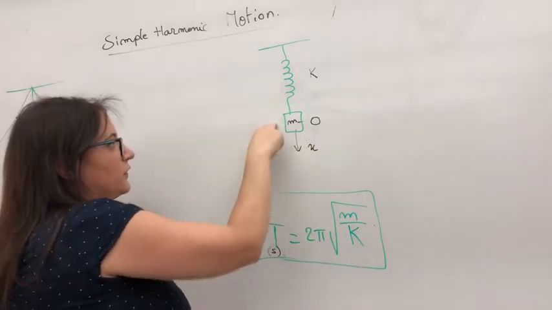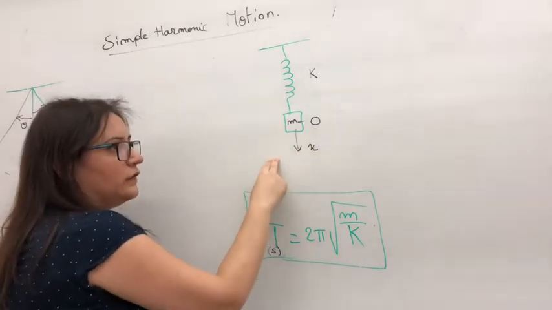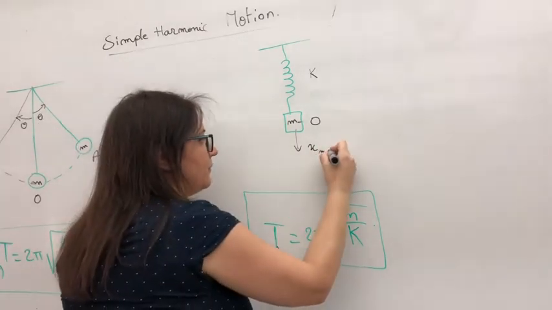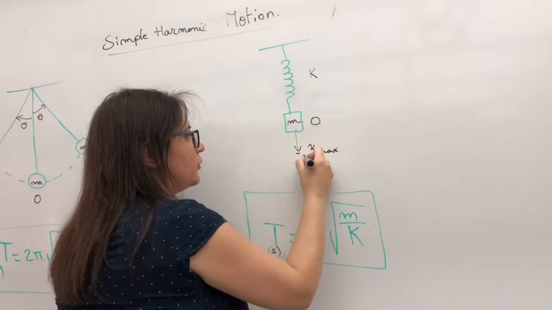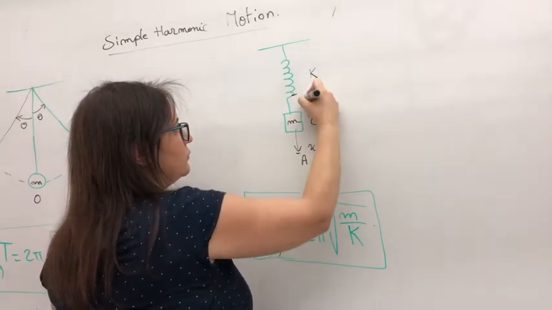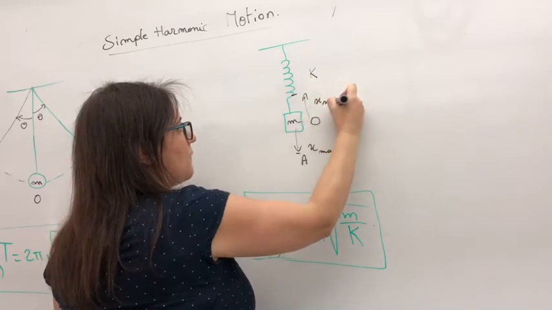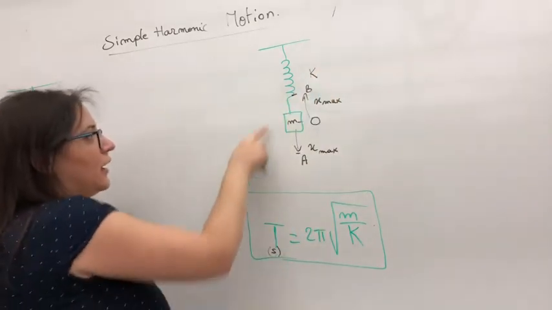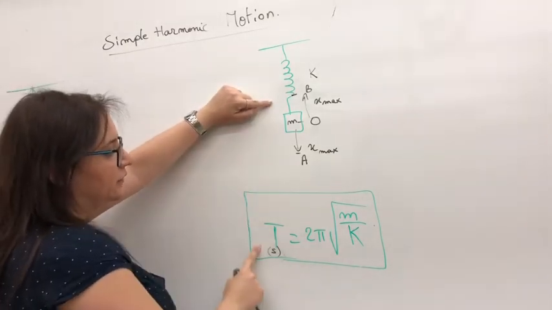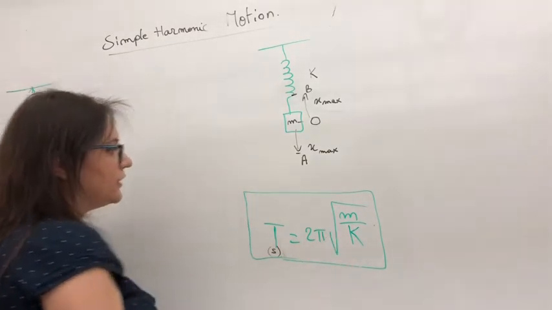You will notice that the mass m will start to oscillate around the equilibrium position by x max. Okay? So let's say this point is A, it would go around O, down x max or up x max. And this oscillation over here is repetitive with a period T. T is 2 pi radical m over k.